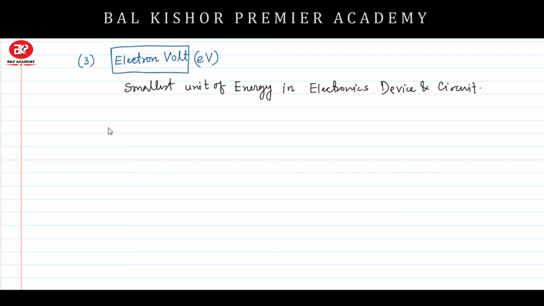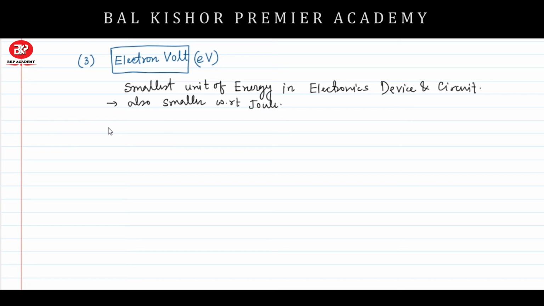That is, electron volt is the smallest unit possible that is used in electronics devices and circuits, and it is also smaller with respect to the joule unit.